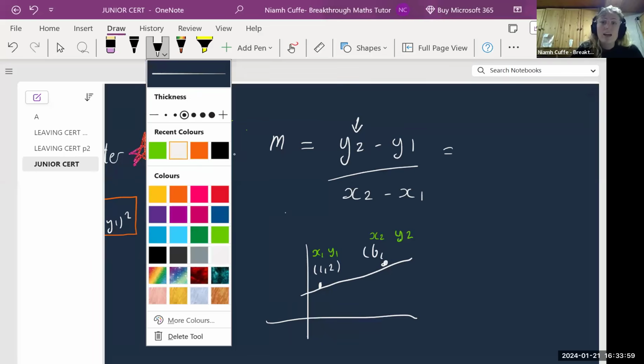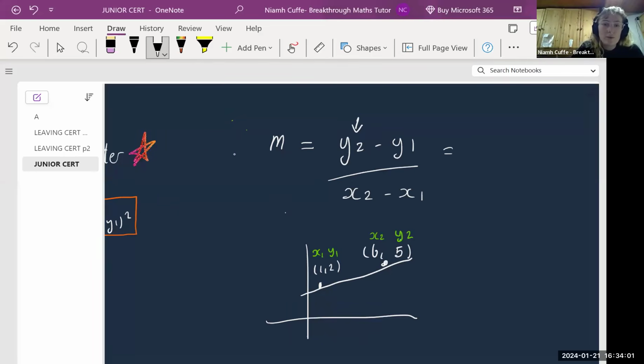I've taken these points and I've called one of the points x1, y1. I've called another one of the points x2, y2. So I'm now going to sub in for y2 the number 5. I'm going to sub in for y1 the number 2, because that's the way I've labeled them. Does everyone see that? Y2 is 5, y1 is 2, and I've just put those values in as I've labeled them.